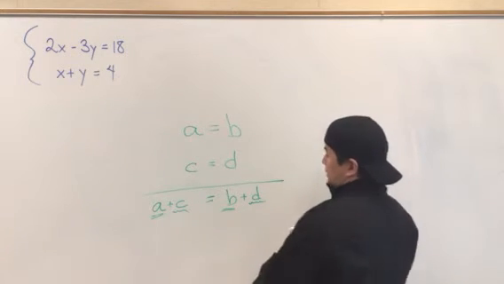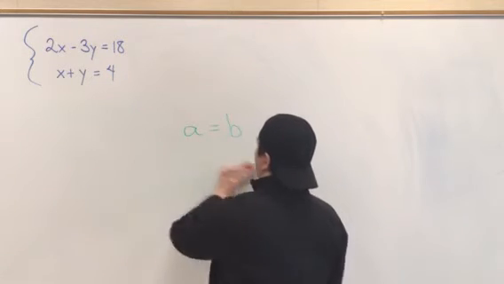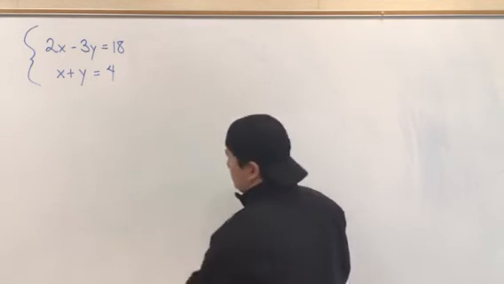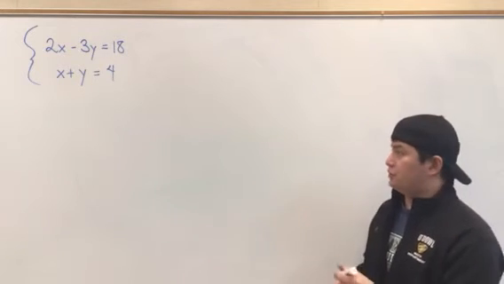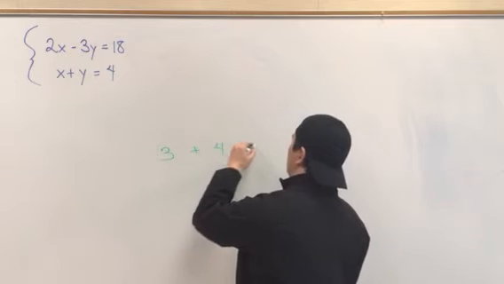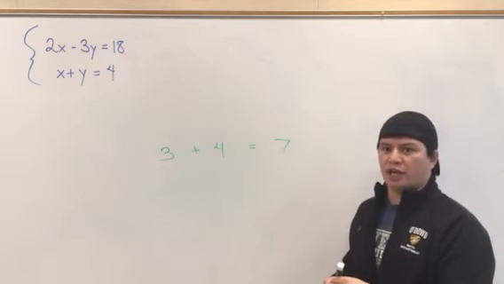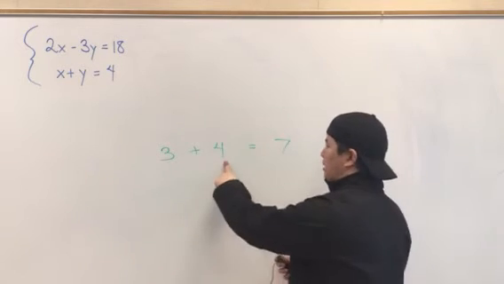Okay? The other thing that we need to be aware of, that we already know but we want to make sure that we keep in mind, is if I have something like 3 plus 4 equals 7, and I decide that I want to change the middle number, let's say.